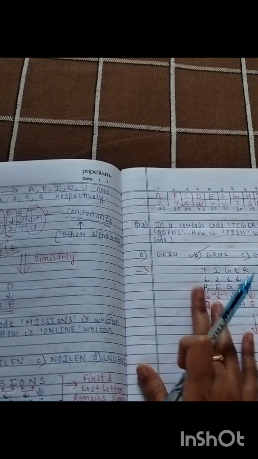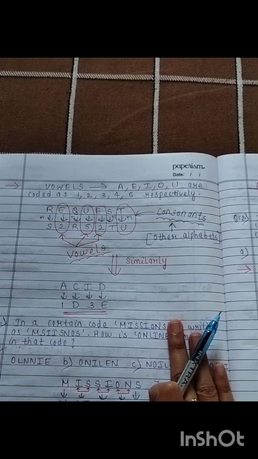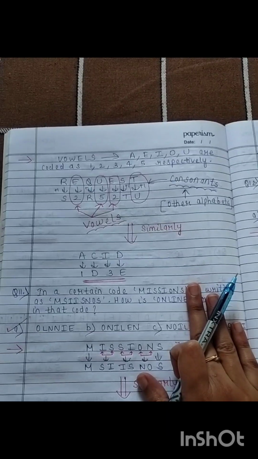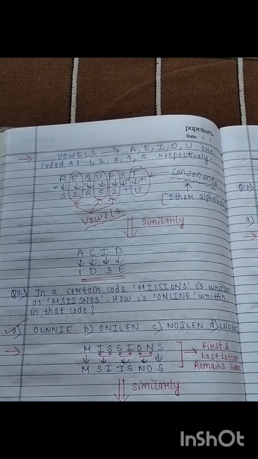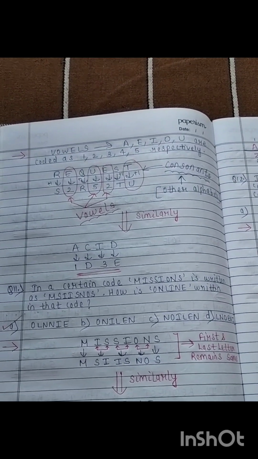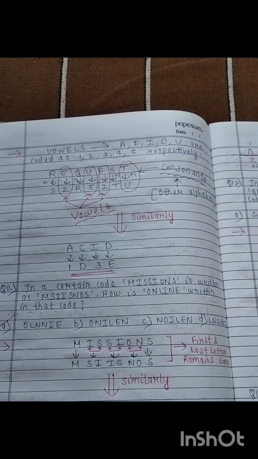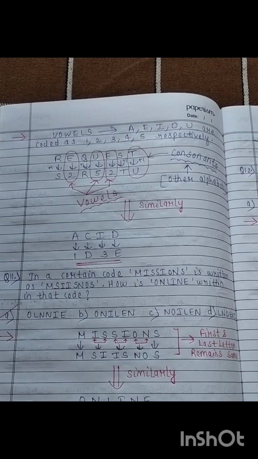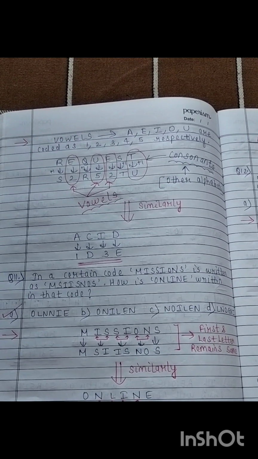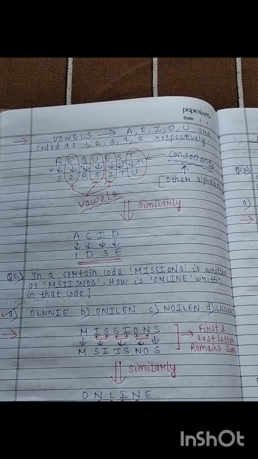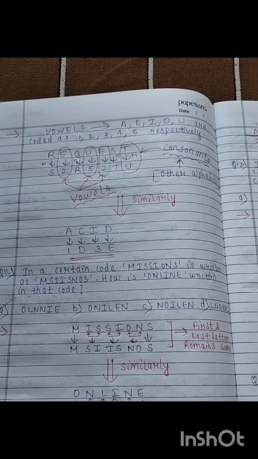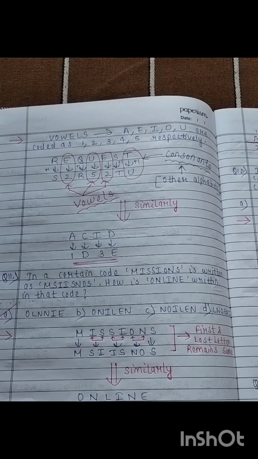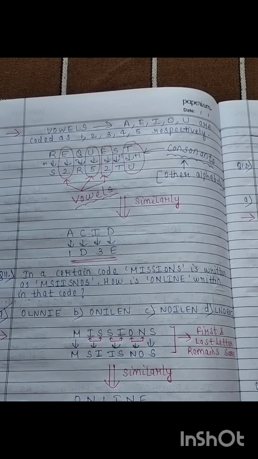So what is happening here is, it's all about vowels and consonants. So what have they done? Which are the vowels? A, E, I, O, U. You must all have learned that in primary school, correct? What are vowels? What are consonants? So vowels are A, E, I, O, U, and they are coded as 1, 2, 3, 4, 5 respectively.